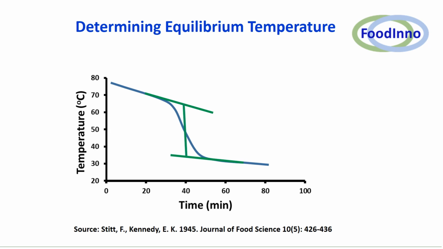Draw a vertical line at the maximum slope of the temperature history after mixing. Now the equilibrium temperature could be identified as shown in the diagram. The initial temperature could be considered as shown after the initial lag temperature.